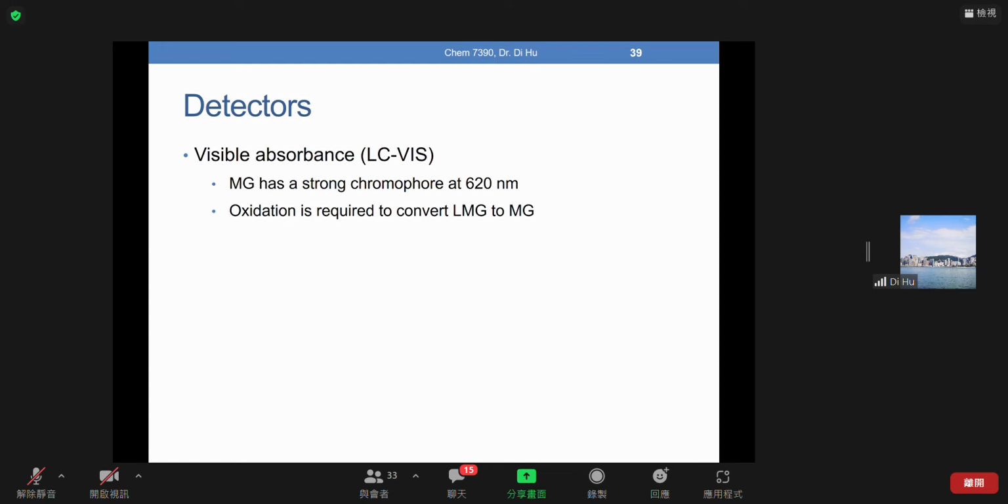And for the detector, we also mentioned that we can use UV-visible, right? If you're using visible, then 620 nanometers. But if you want to use the visible spectrometer to measure both of them, there is no way for leucomelanocorrin, so you have to do the conversion.